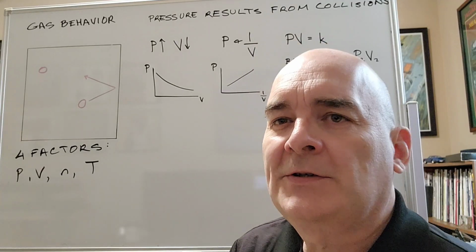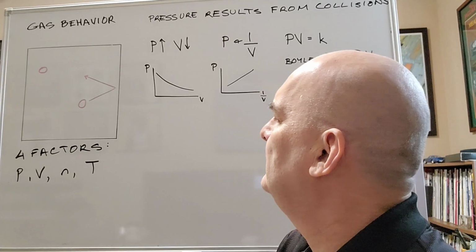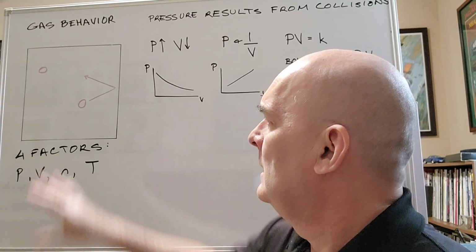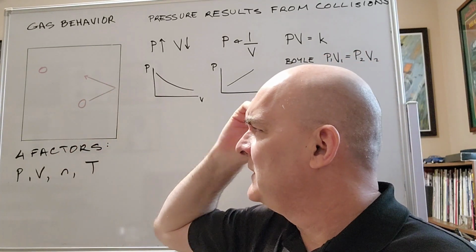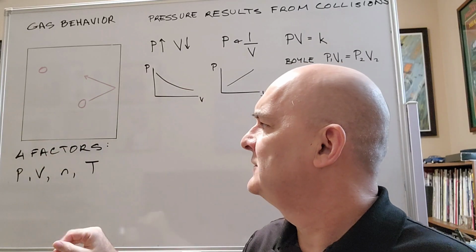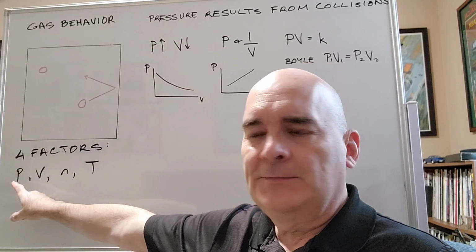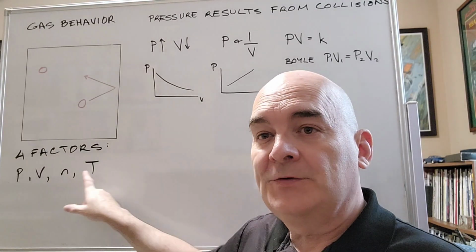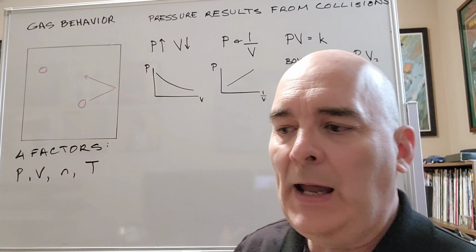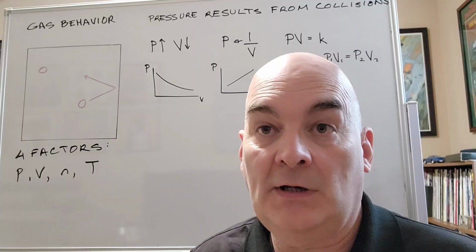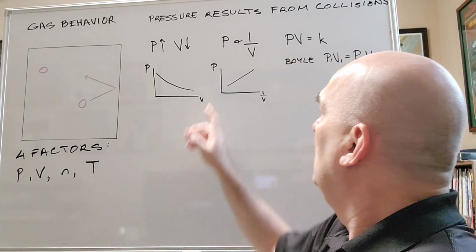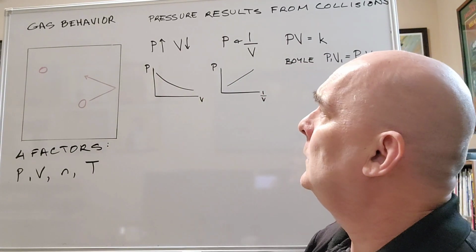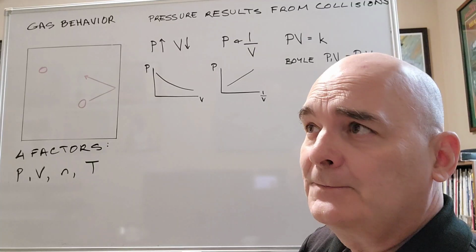Let's look at the factors that influence pressure. So a gas which is confined to a space, there are 4 factors. There's pressure, there's volume, there's the number of moles, and there's temperature. And each of these factors are interconnected. Pressure, we know, results from collisions.